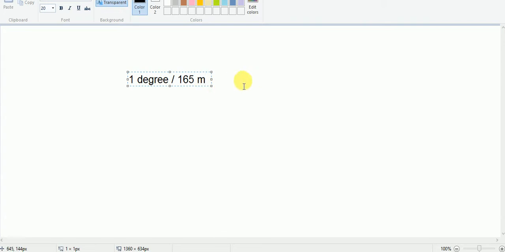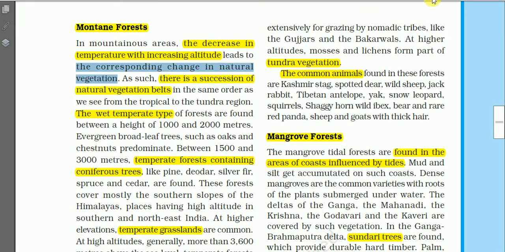So if you climb up about 165 meters along a slope of a mountain, the temperature will decrease by 1 degree Celsius. And accordingly, you will find different types of natural vegetation.